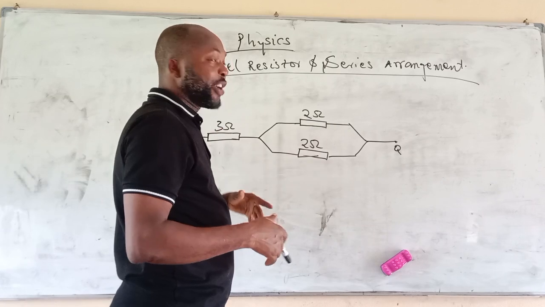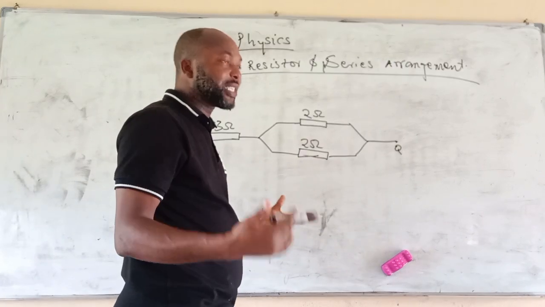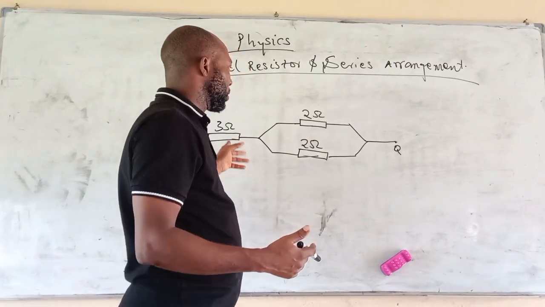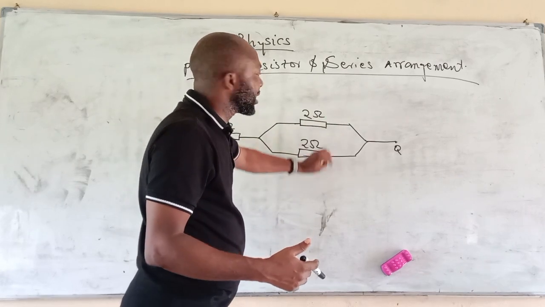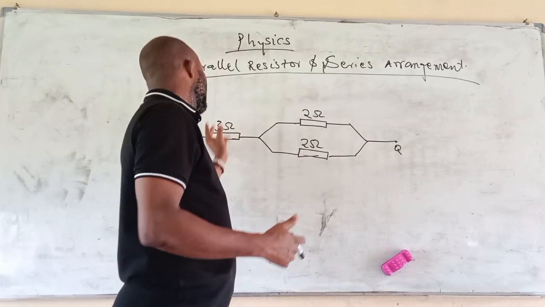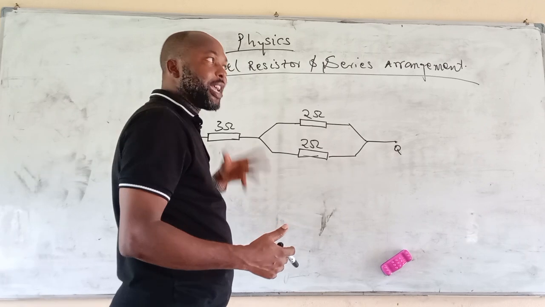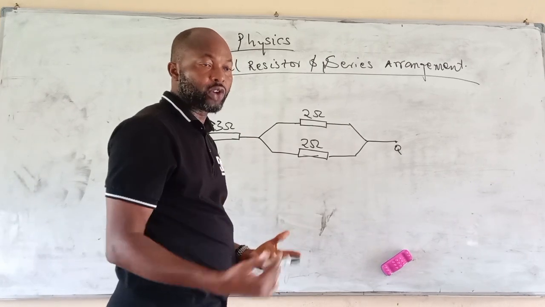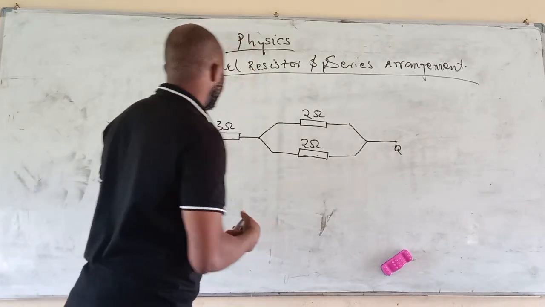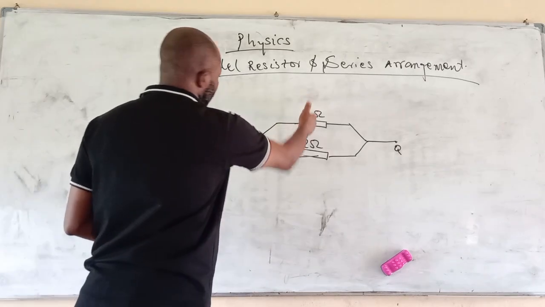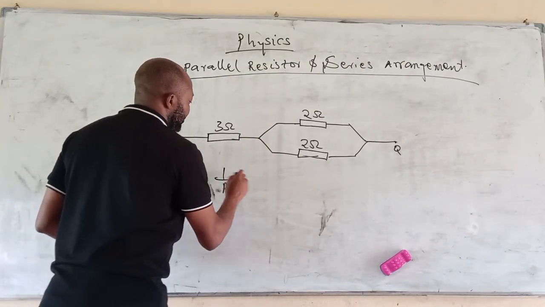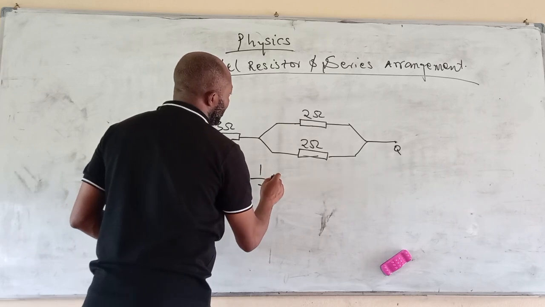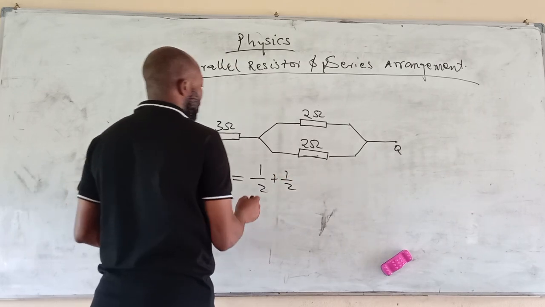So for us to get effective resistance, which means the total resistance, we have to calculate our parallel resistance, keep them together, and add with that of the series, thereby getting our total resistance inside the system. Let's start with this. 1 over R is 1 over 2 plus 1 over 2.